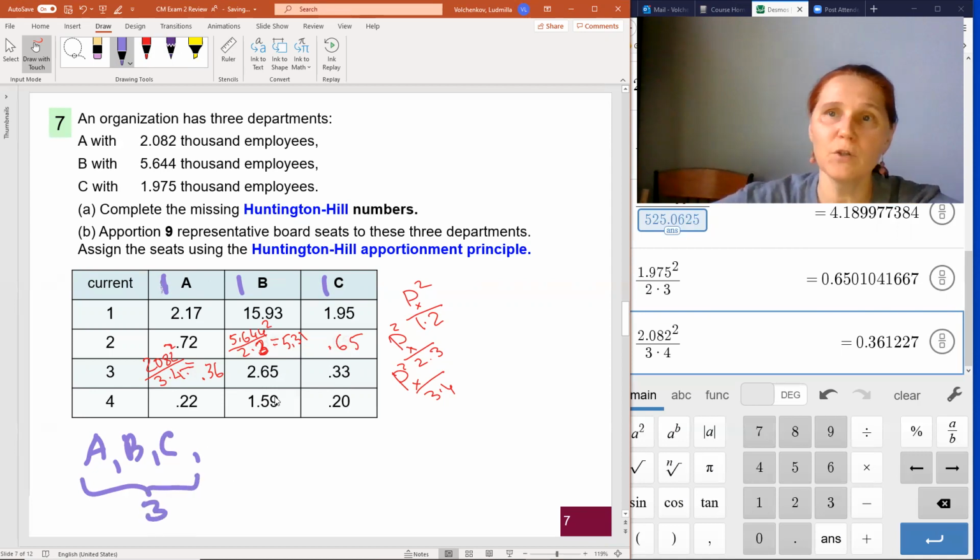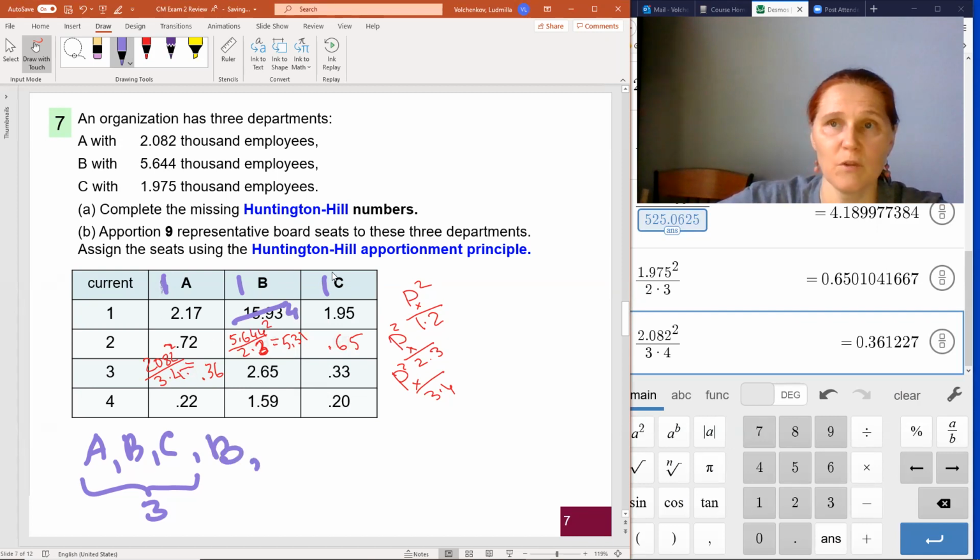Then the next seat goes to the department with the greatest Huntington-Hill number. First, we'll look at the first line, 2.15, and 1.15 is the greatest one, so the fourth representative goes to B.